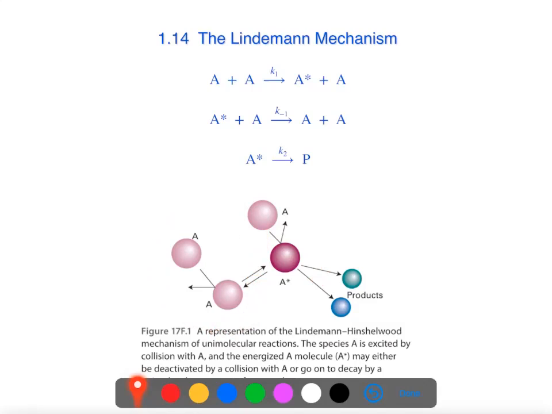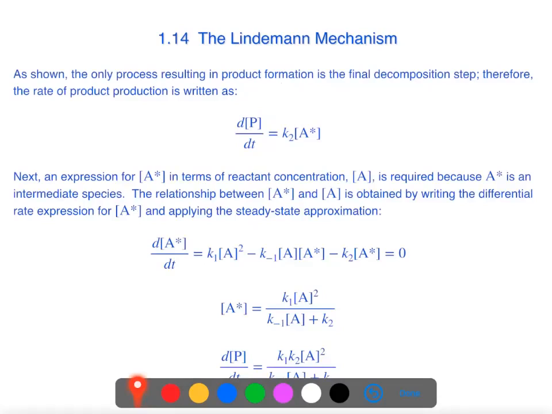It will collide with an unreactive A molecule to give us back the deactivated state, or it will undergo decomposition to form new products. So as shown, the only process resulting in product formation is the final decomposition step.